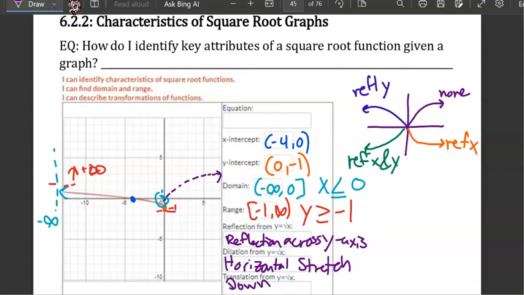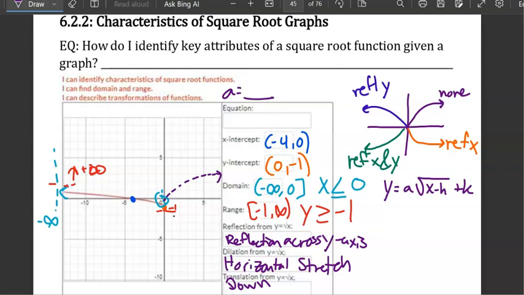So to find our equation, we first would find a. We're going to use this formula, y equals a square root of x minus h plus k. Now the h and the k is going to be the point on the graph where it starts, where it originates, which happens to be the y-intercept in this case.